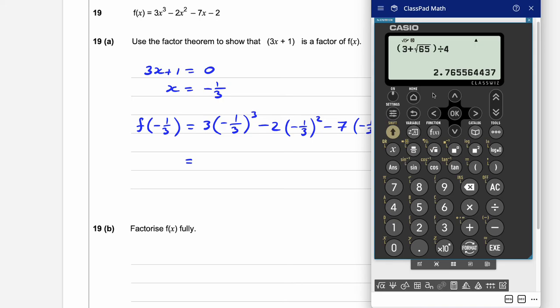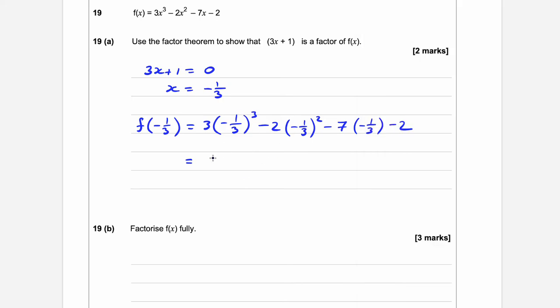Well, actually, I think I'll probably do it quicker without the calculator. Okay, this is minus 3 over 27. This is going to be minus also, guys, because that's going to be positive. When you square that, it's positive, so it's going to be minus 2 over 9, because 3 squared is 9. This is going to be plus 7 over 3.